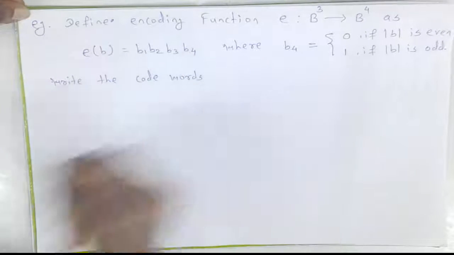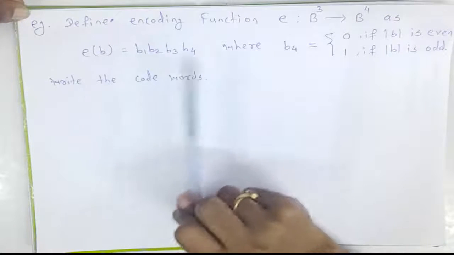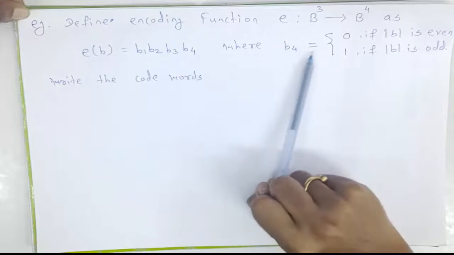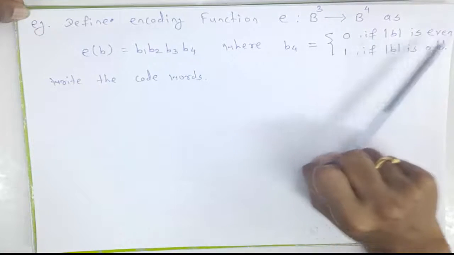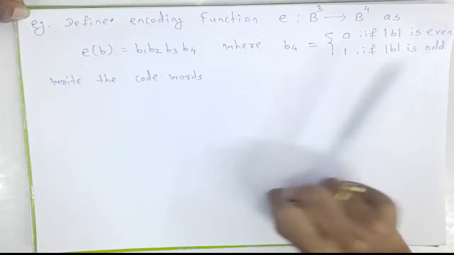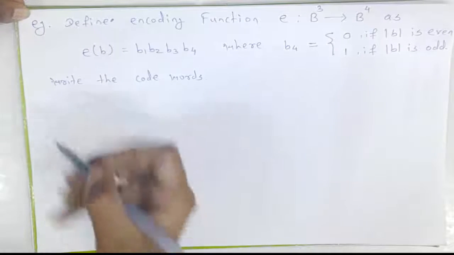So here the encoding function e from B raised to 3 to B raised to 4 is defined as e of b equals b1, b2, b3, b4, where b4 equals 0 if the weight of b is even and equals 1 if the weight of b is odd. Solution.